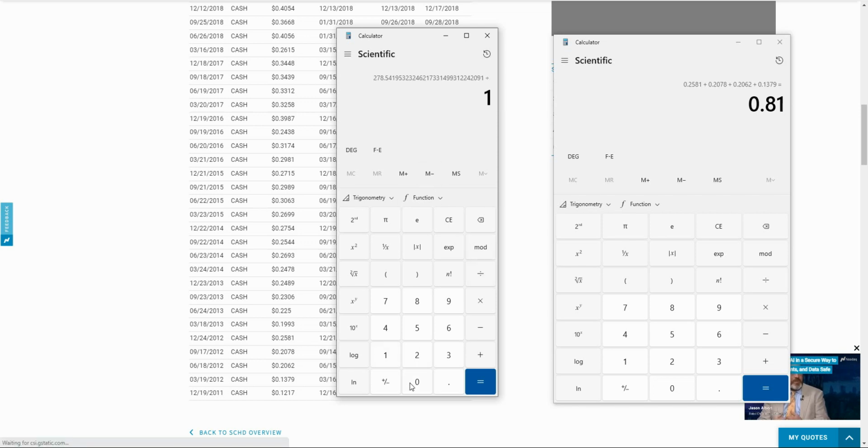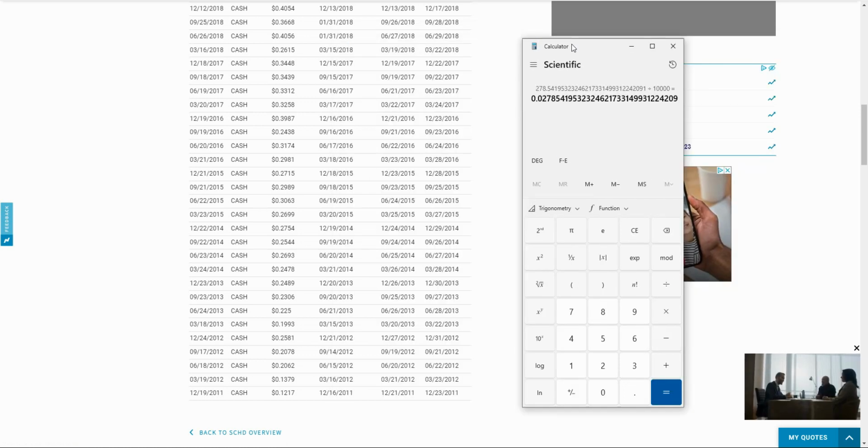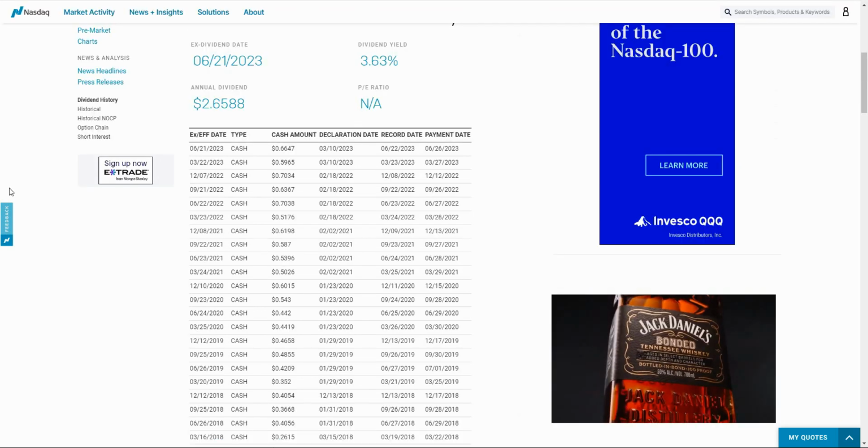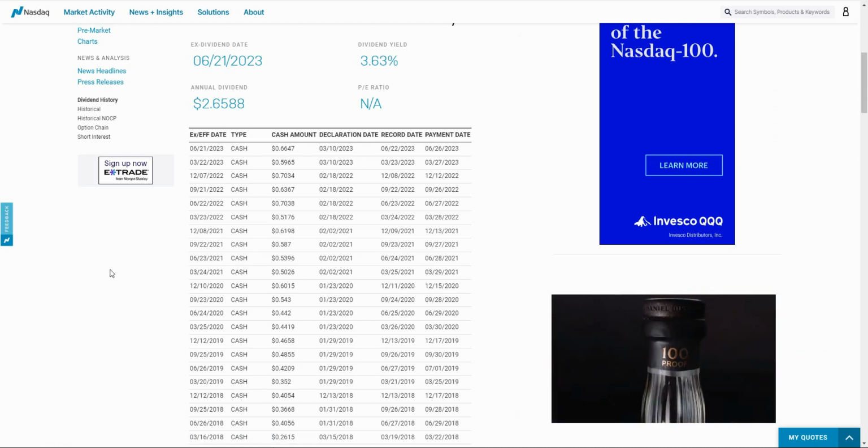And that is going to be a yield at that time of about 2.79%. Another way of saying it would be that you are getting 2.79% cash on cash for your return. So on the $10,000 you invested, you receive a cash on cash return of 2.79%.